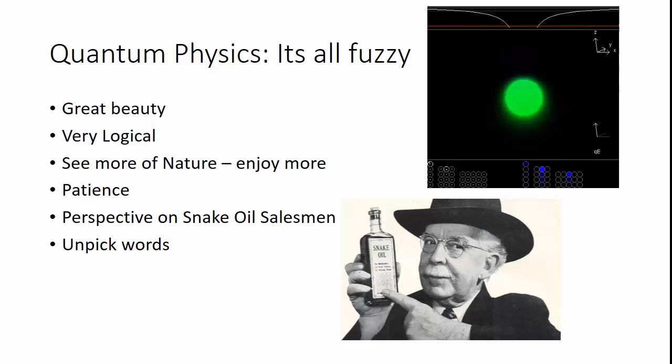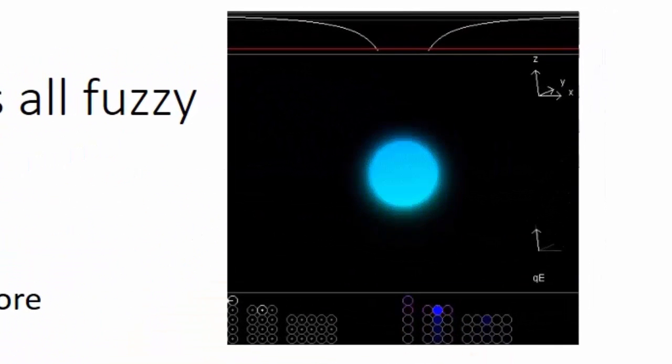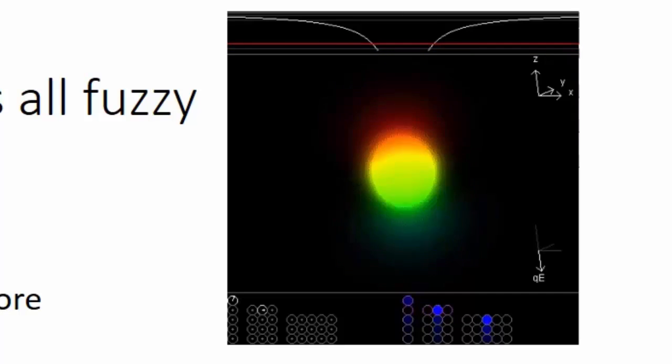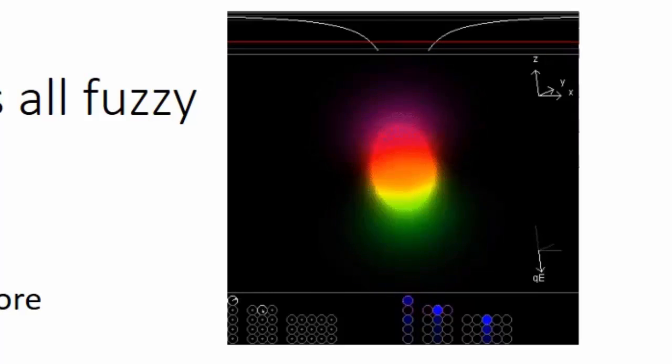The picture off to the right here of a yellow going to green, blue and red gassy orb moving up and down is the picture of a single electron. It's not like the little electron you see in Homer Simpson going around an old style atom that was several hundred years or 100 years ago.